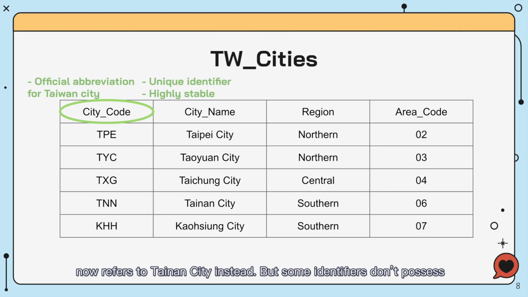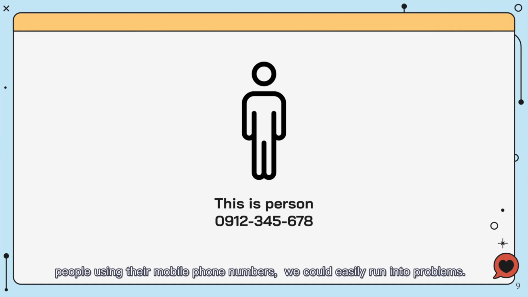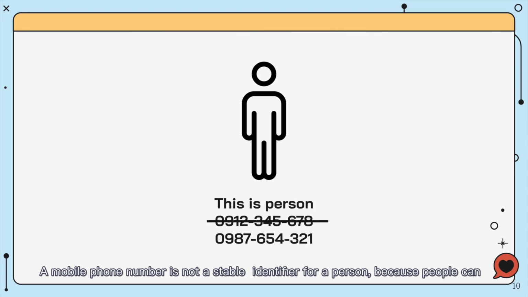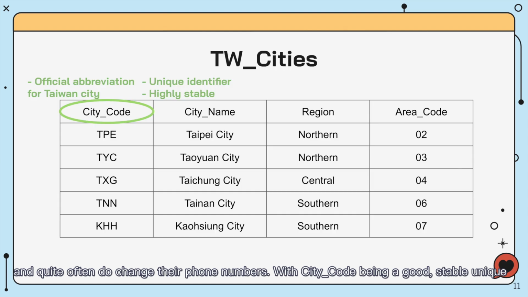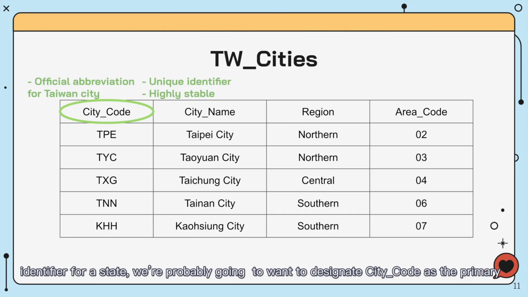But some identifiers don't possess this level of stability. If we were trying to identify people using their mobile phone numbers, we could easily run into problems. A mobile phone number is not a stable identifier for a person because people can, and quite often do, change their phone numbers.